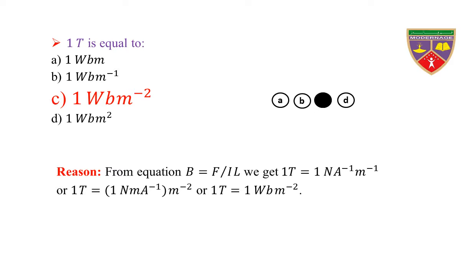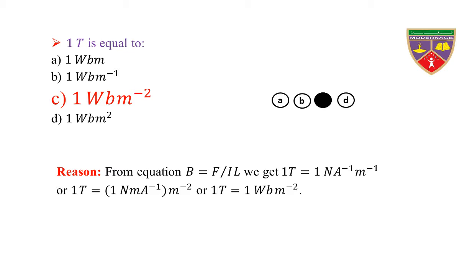Reason: from the equation B equal to F divided by I into L, we get 1 Tesla is equal to 1 Newton per ampere per meter.